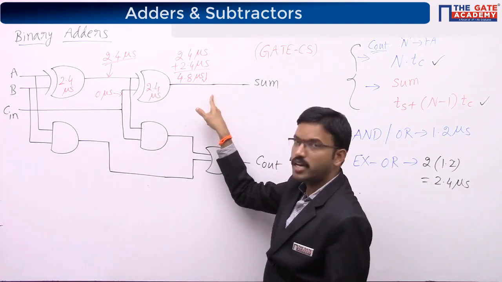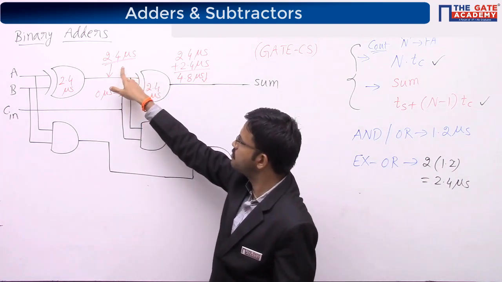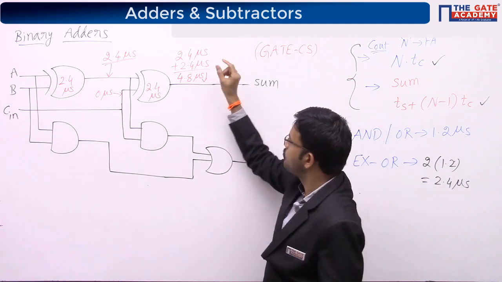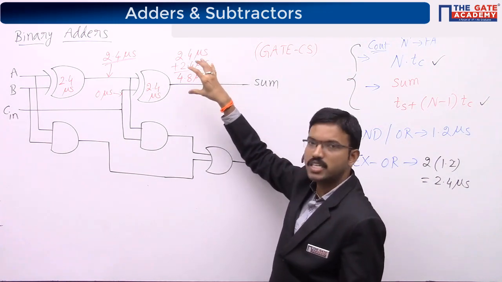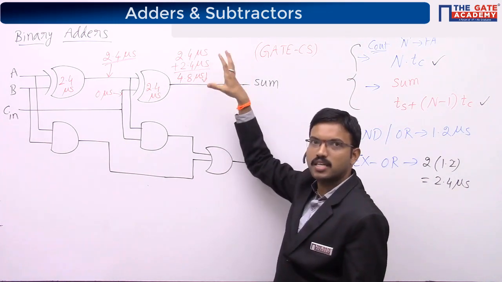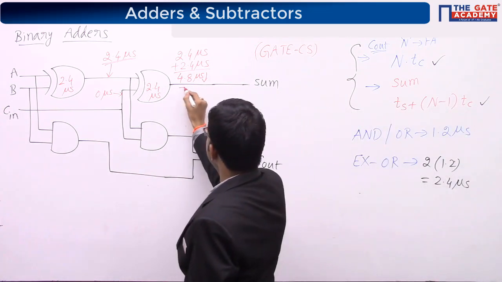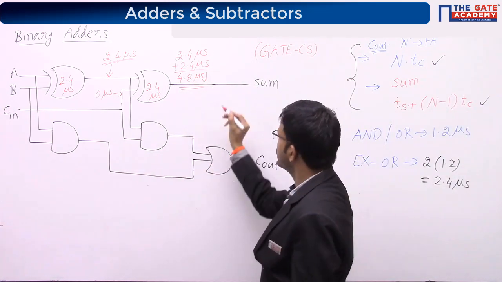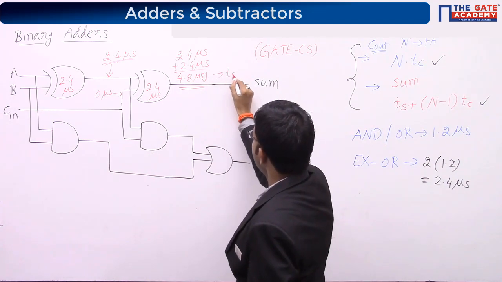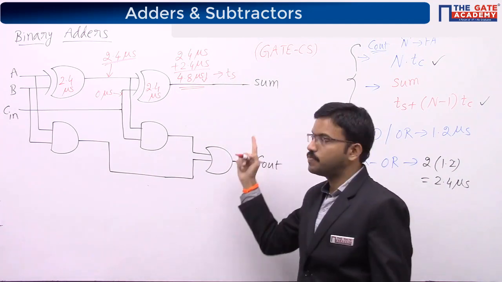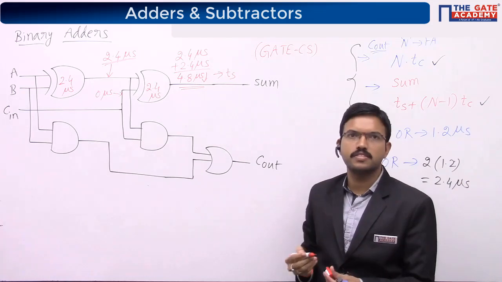So the output will be available at 2.4 plus 2.4 microseconds. That means at 4.8 microseconds, whatever output I am getting is the value. So 4.8 microseconds is the amount of time required for producing the sum bit of a full adder, that is Ts.